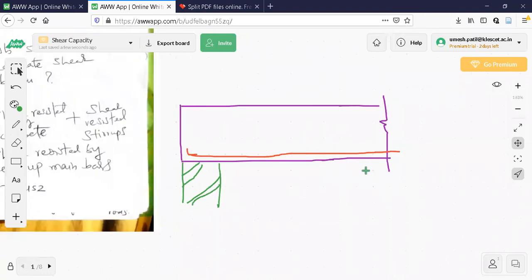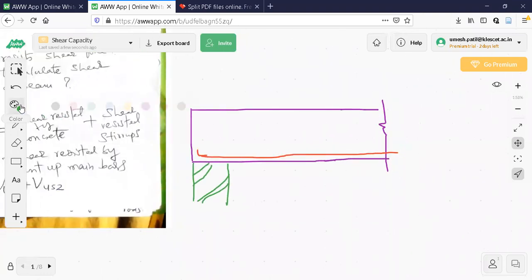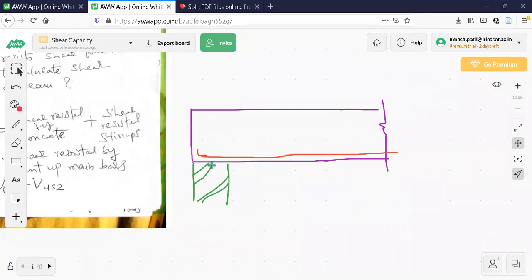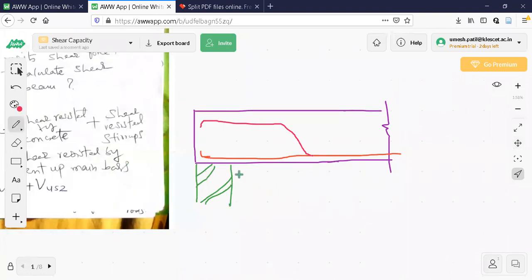Out of these 4 bars, somewhere near the support, I will bend some, preferably at an angle of 45 degrees. This is 45 degrees and it runs like this. What it means is, out of the 4 bars at the bottom, 2 bars are bent up like this.